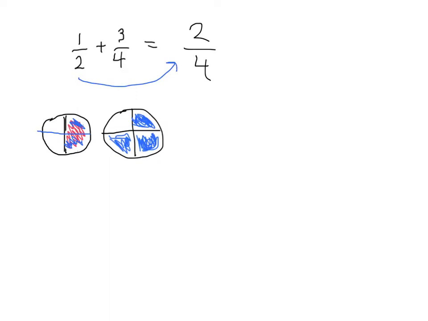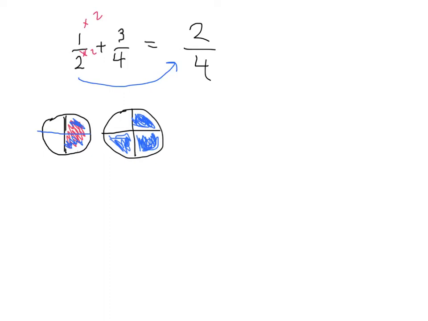And that comes from basically doubling the top and doubling the bottom. So you could imagine you're multiplying the top by 2 and multiplying the bottom by 2. What you're really doing is splitting the original fraction into the same size pieces.